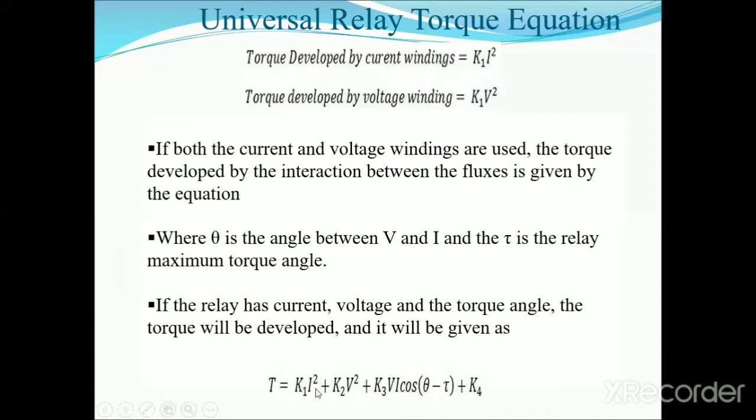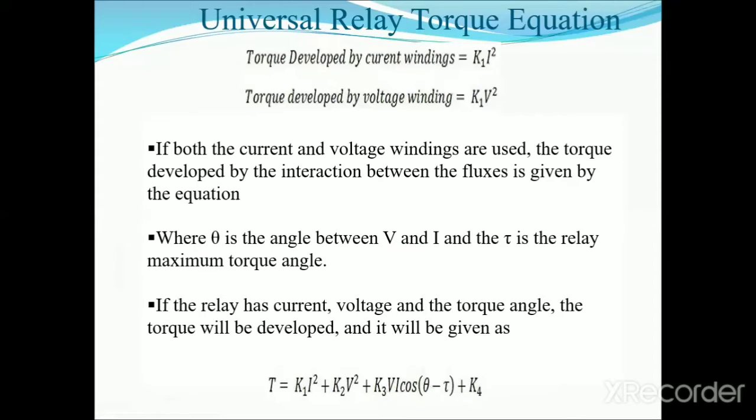K1, K2, K3, K4 are the constants. I square is the current flowing through the current winding. V is the voltage across the voltage winding. VI cos of theta minus tau is the power developed due to that current and voltage, plus K4, where K1, K2, K3 are the relay constants.